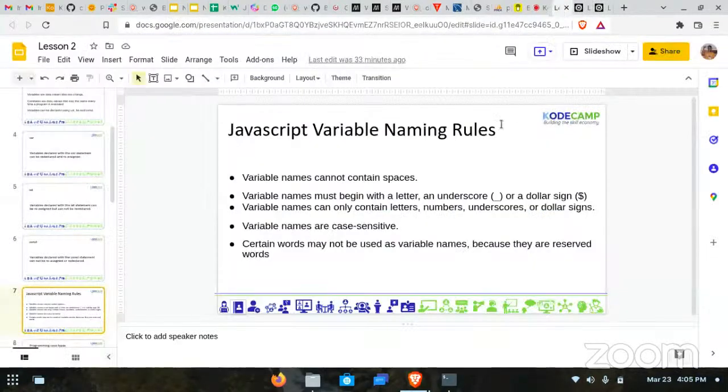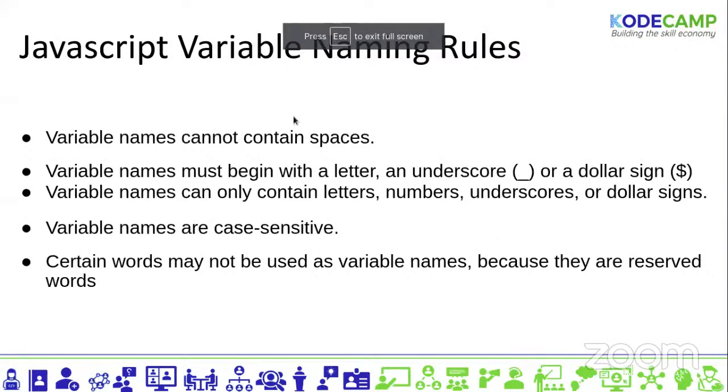So now let's continue with this. JavaScript variable naming rules. First, variable names cannot contain spaces. That is one very important thing.